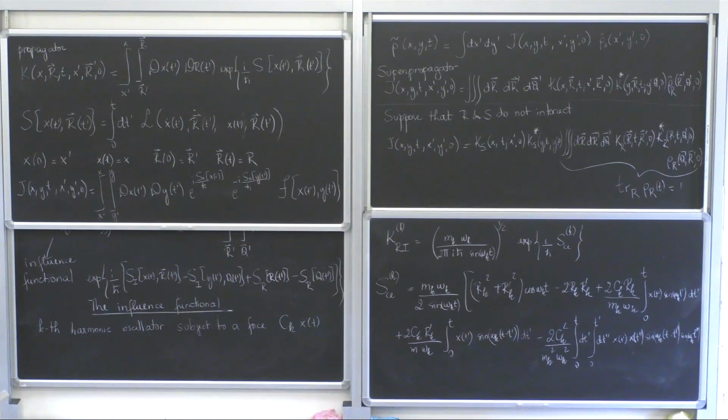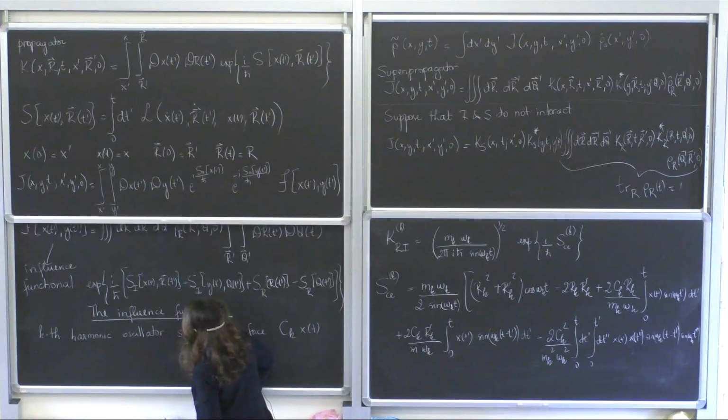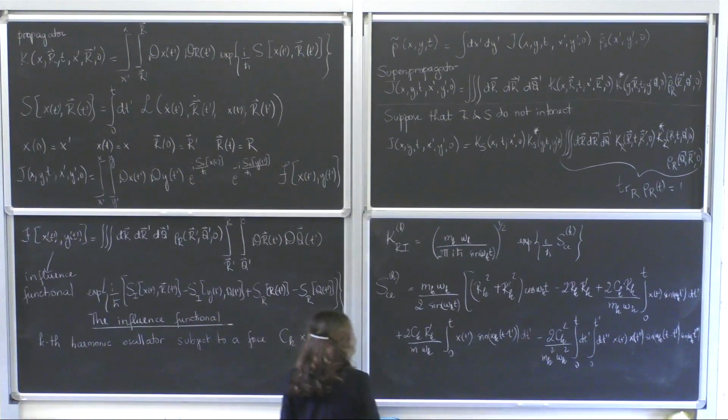After you do all that, you can rewrite. If you replace everything there, you will be able to rewrite your f. Let me see where I was. My influence functional is here, so I want to leave it here.